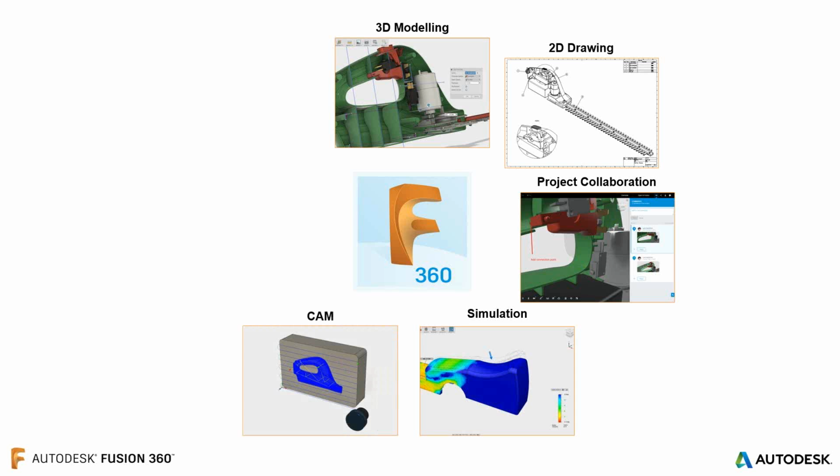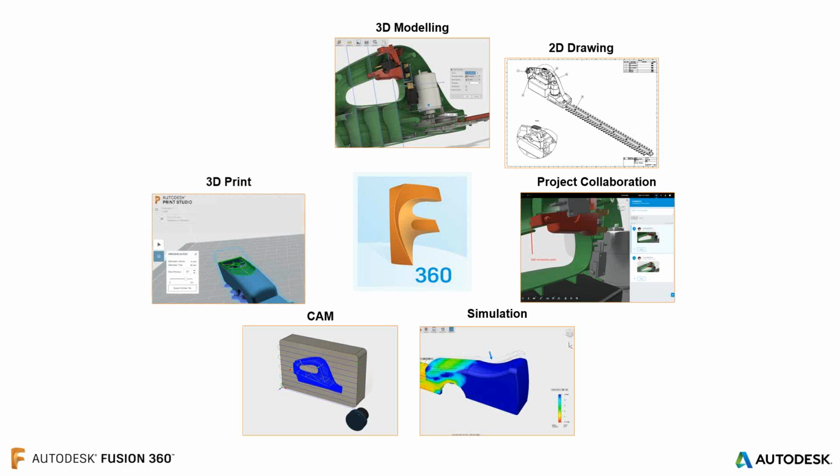And as Johan's quite rightly said and talked us through, a CAM module as well. Well, not a module; it's part of the package. It's a tool in the box to allow you to do computer-aided manufacture. Not only that, we also have a 3D print facility in there as well, for sending out to 3D printing, and that's a really big area at the moment. Traditionally, we think of 3D printing as plastics.